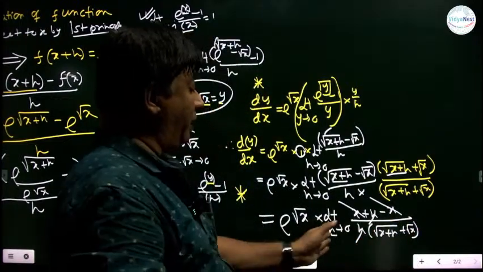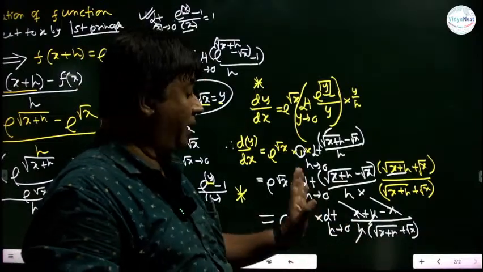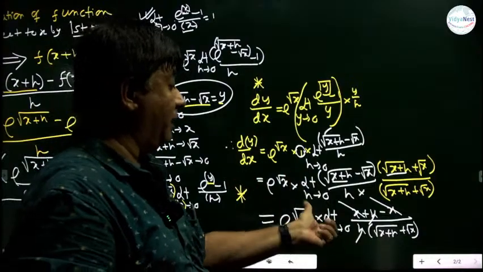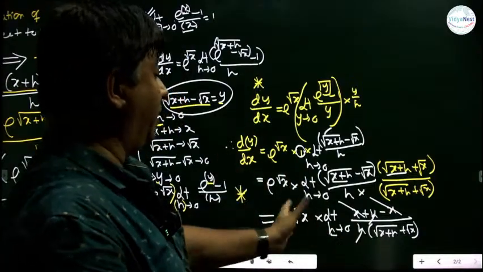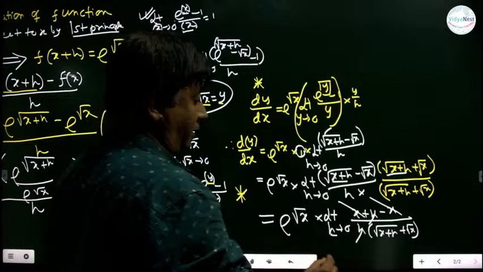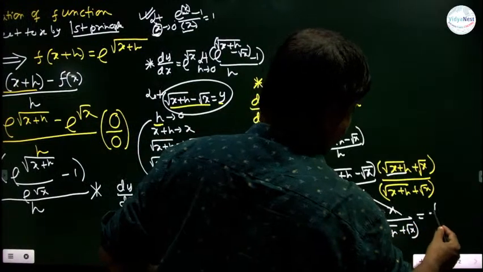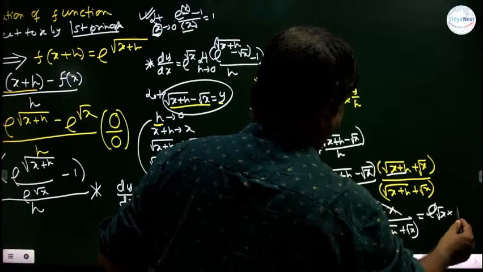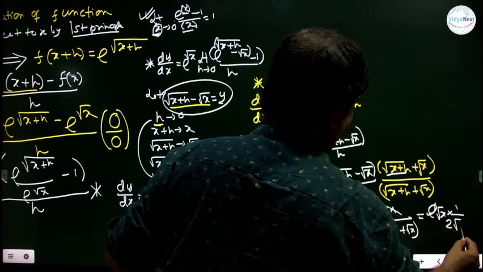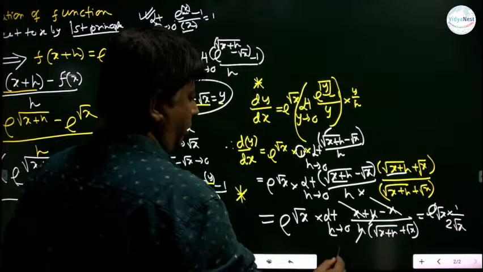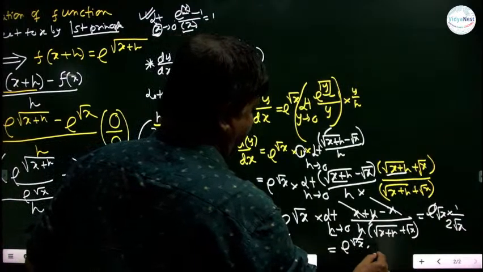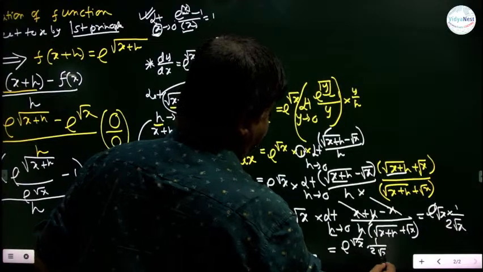Now if I put h is equal to 0, then that will not bring any 0 in the denominator, so that the limit will be finite. So e to the power root x into 1 by 2 root x. So this has become the answer.